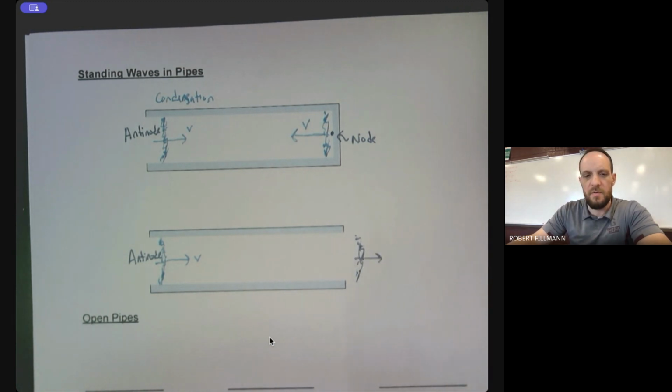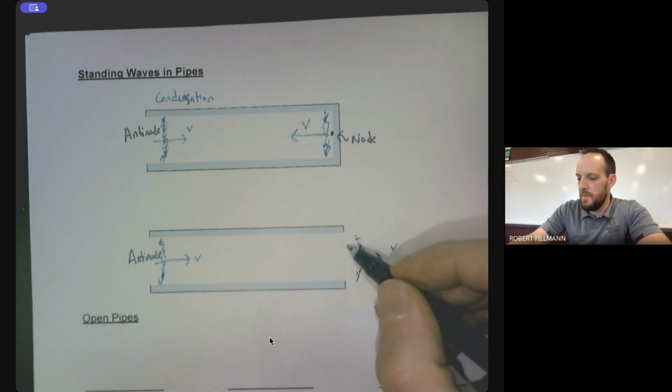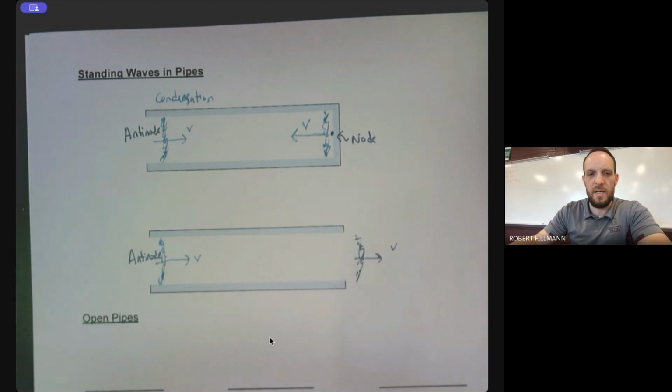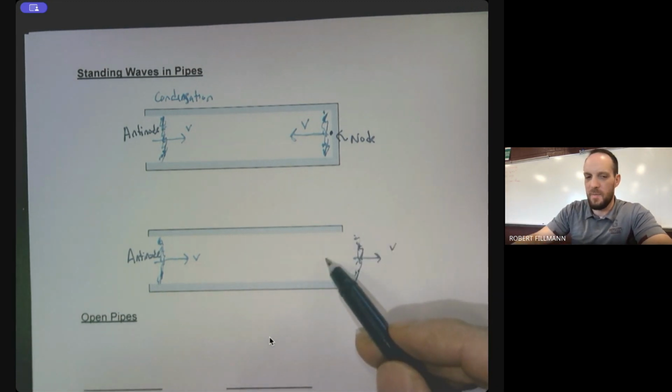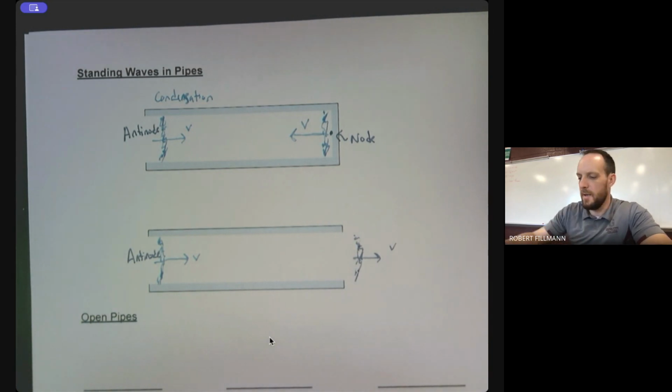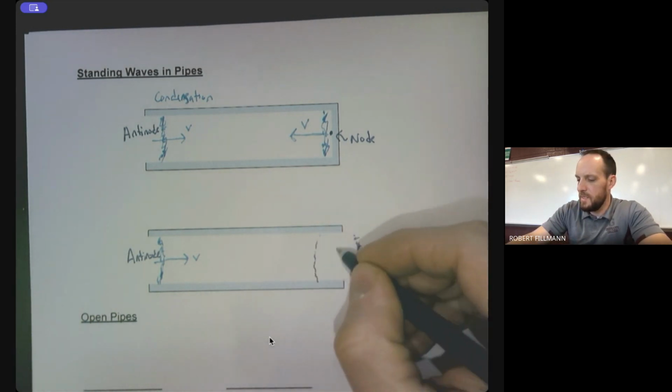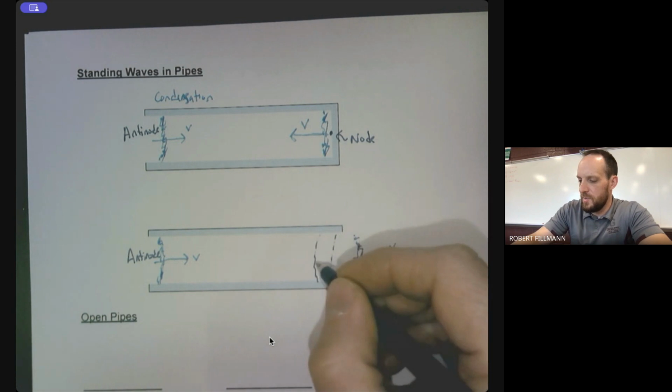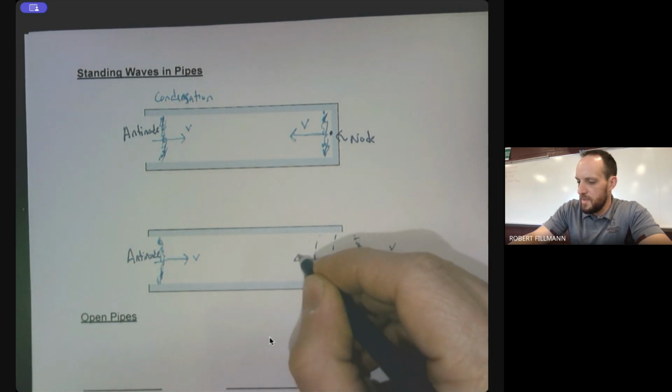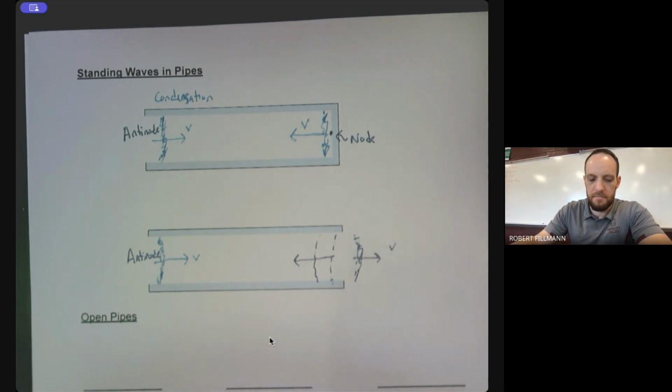But there is going to be a reflection nonetheless. The reflection happens at this boundary. It's a reflection of the opposite type of wave, okay? Because it's a different medium. It's constrained air to bulk air. And so what ends up bouncing back is not a region of high pressure, but a region of low pressure. Bounces back in the opposite direction.